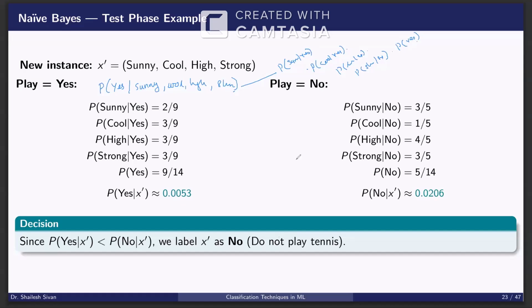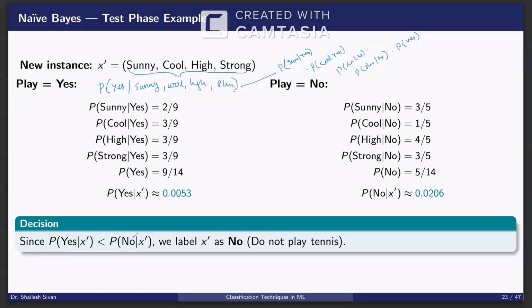Similarly for no, we calculate the same thing, and the output is 0.0206. So with these conditions, will we play or not? No. The probability of yes is less than the probability of no, so this time we are not going to play.